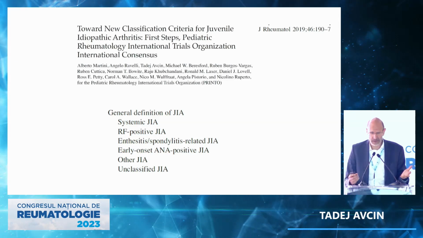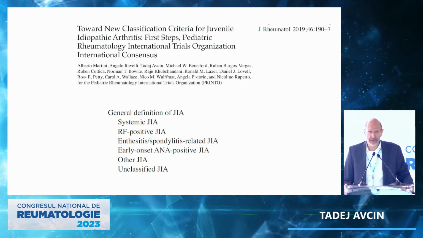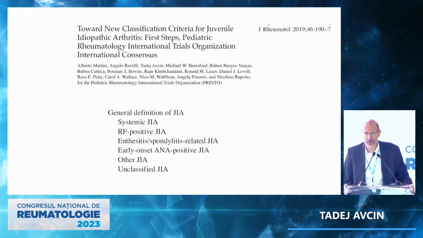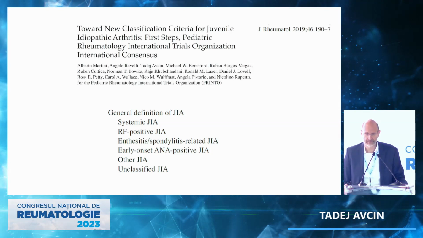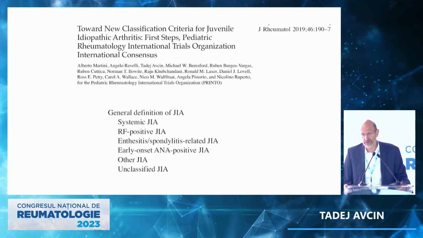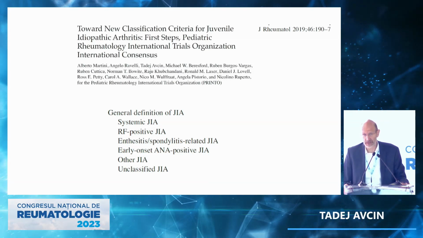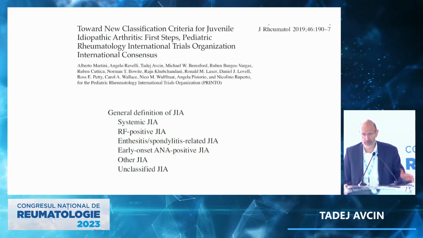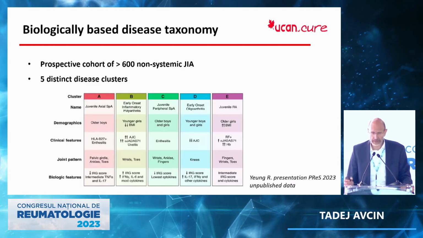But then there was a large group of patients that were unclassified, and early onset ANA positive JIA that was not quite well defined. For those of you who were not at the PReS congress recently, there was a big debate about the updates of classification: should it be clinical or based on biological markers?